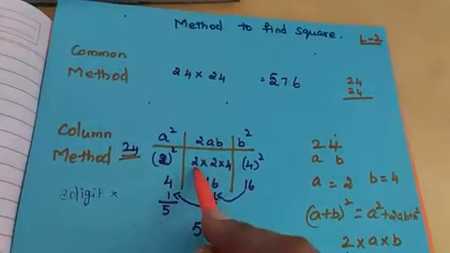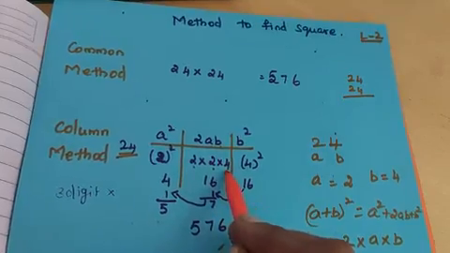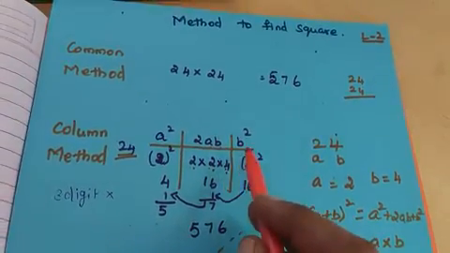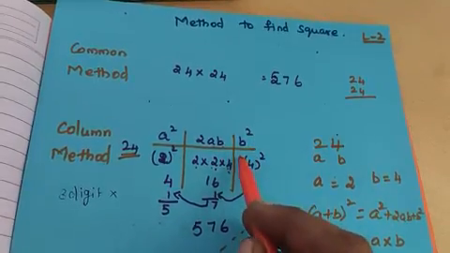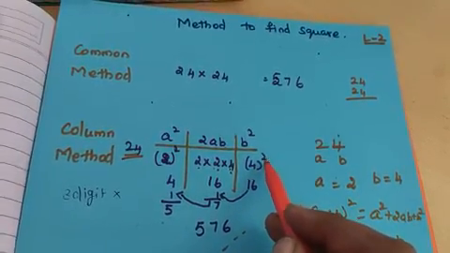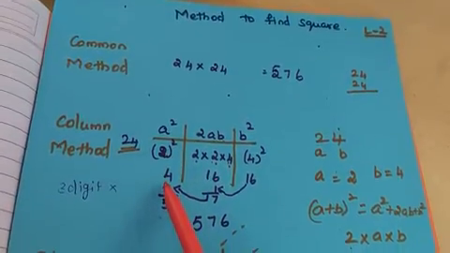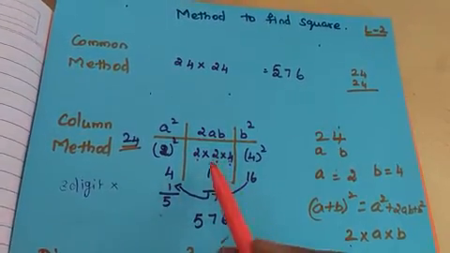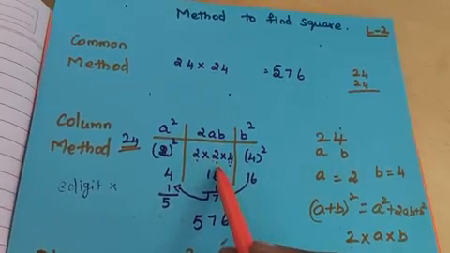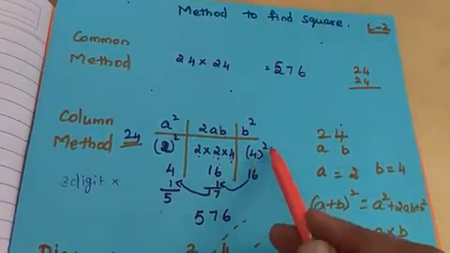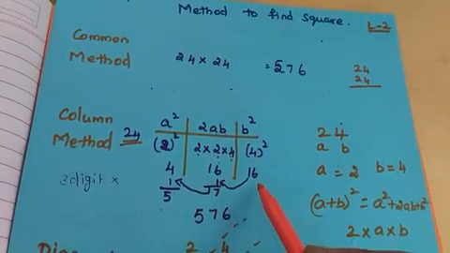With a as 2 and b as 4, it is 2 multiplied by 2 multiplied by 4. Then b squared means 4 multiplied by 4, that is 4 power 2. So 2 squared is 2 into 2, 4. Here 2 into 2 into 4 is 16. And 4 squared means 4 into 4 is 16.